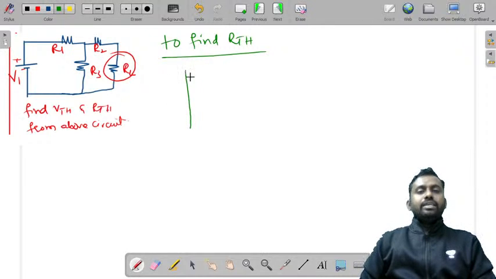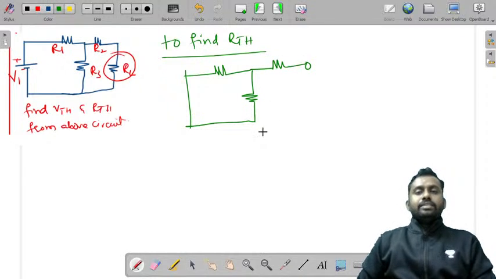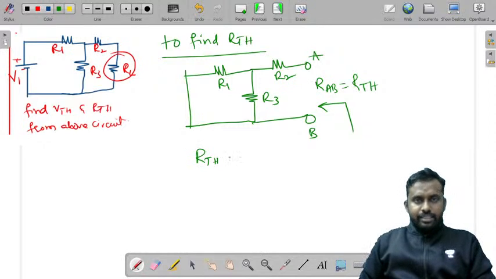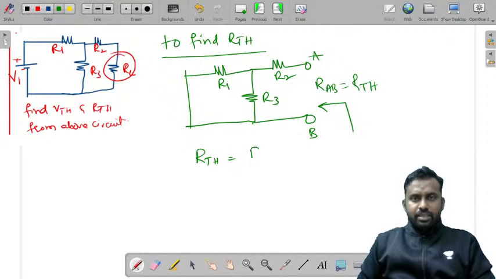So you will short this and you have a resistor here, one more resistor here and another resistor. You need to find between A and B terminals, that is RAB or RTH. Now this is R1, R2 and R3. Looking at this circuit from these terminals, RTH or RAB is equal to R1 in parallel with R3.